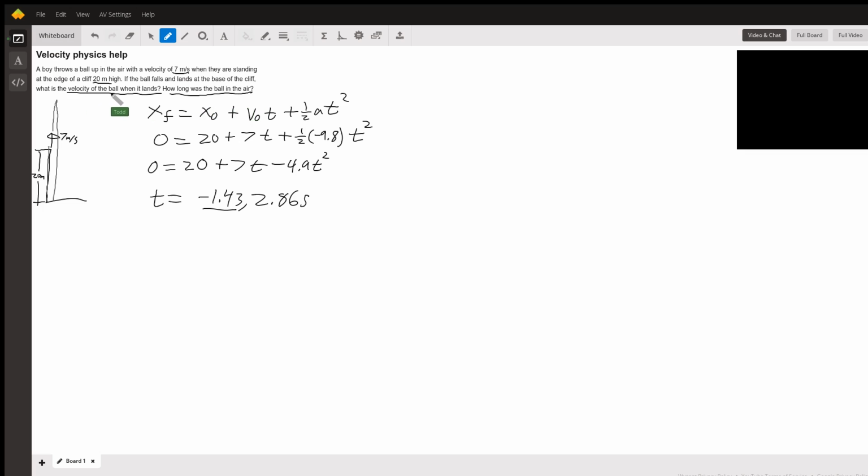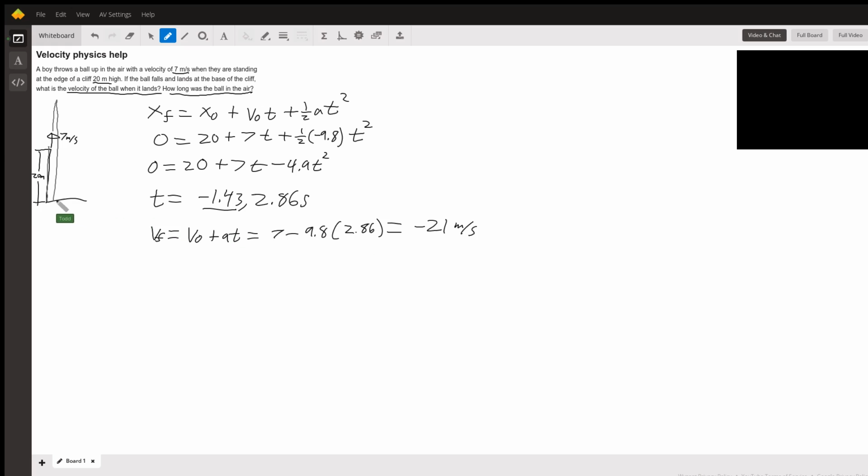As for what is the velocity when it lands, for that we have that final velocity is equal to initial velocity plus acceleration times time, and we now know the time at 2.86 seconds, so we have that our initial velocity is 7 minus 9.8 meters per second squared times the 2.86, and when I throw that in my calculator, I end up with negative 21 meters per second.